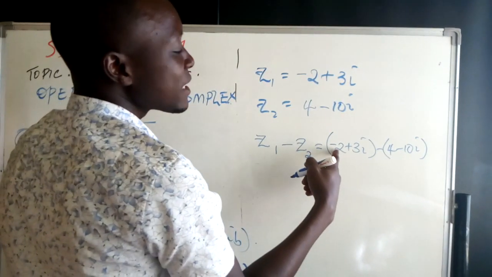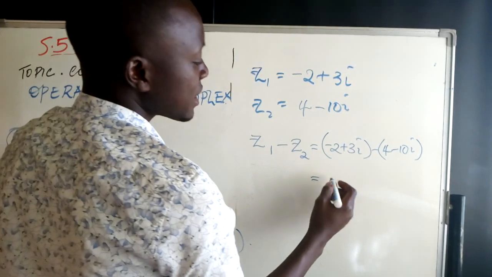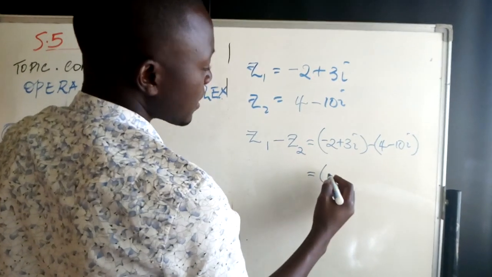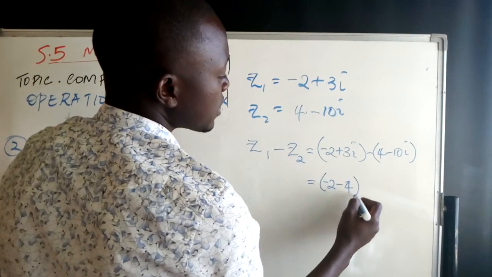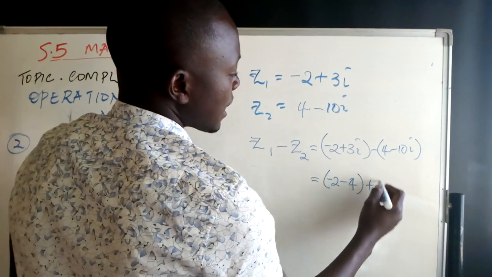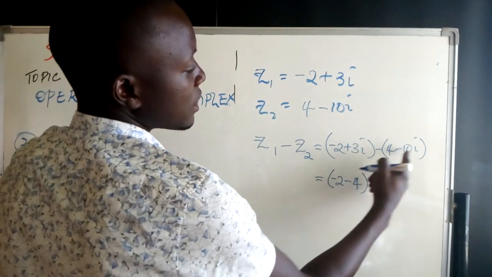We said we shall have the real parts being subtracted, meaning the real part of the first complex number, which is negative 2, minus the real part of the second one, which is 4, then plus i times the imaginary parts.